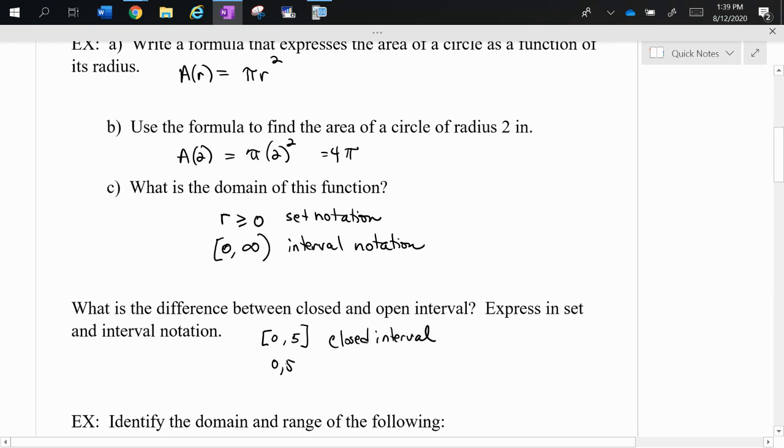But if I want to say all the numbers from 0 to 5, not including 5, so if we see an interval where we have parentheses around our interval, then we say that it is an open interval. So a closed interval is when we include the endpoints, and an open interval is when we do not include endpoints.